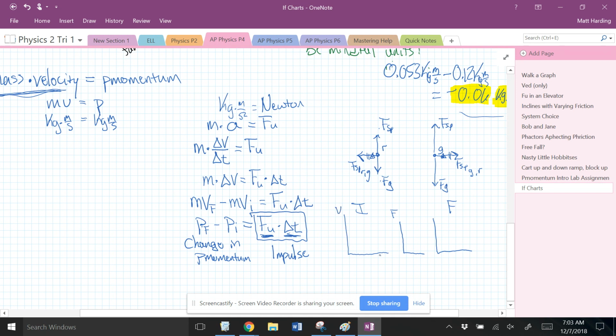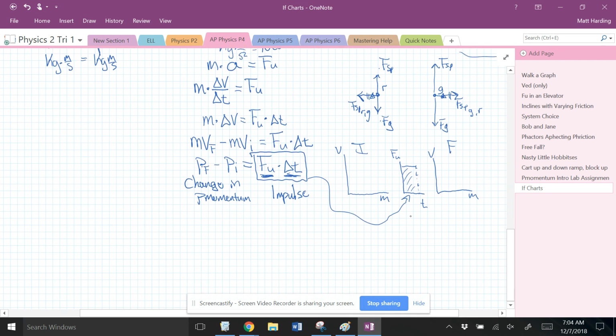So these are velocity mass bar graphs, and in between there they have this force versus time graph. Let's say it's a constant force acting for a period of time. This rectangle here is the product of unbalanced force and time, that's the area of this rectangle. So the area of this force versus time graph is going to be equivalent to what we're getting on the velocity mass bar graphs.